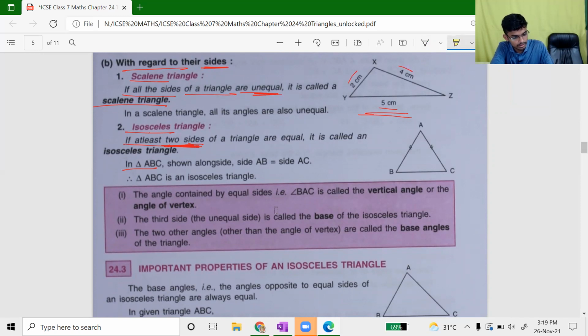At least two sides of the triangle are equal. Means if this is 3 centimeter, then this will also be 3 centimeter. This might be whatever it wants, but this should be 3 centimeter. If this is 3, then this is also 3. If this is 4, then this is also 4.